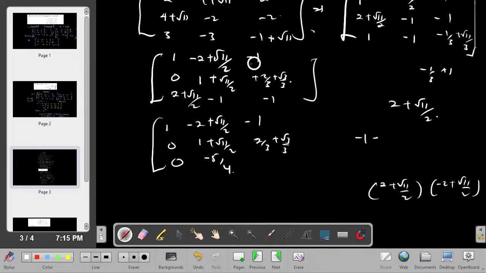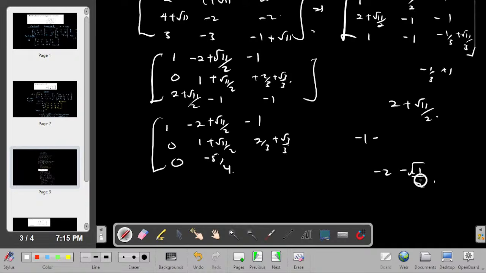Then here too, I'll have the same thing multiplied, which is going to be negative. I'm going to have negative 2. When I multiply that, I'll have negative 2, right? I'm multiplying negative 1 by this, minus 11 over 2. So minus 2 minus root 11 over 2, as simple as that, right?